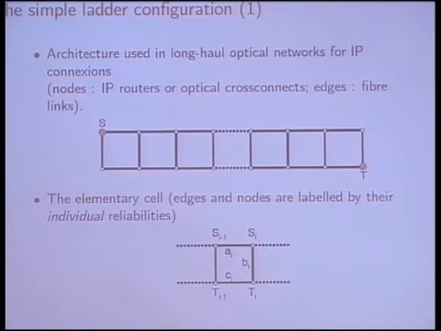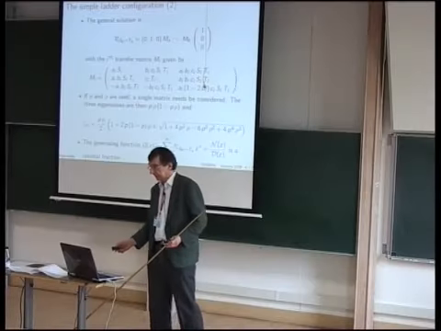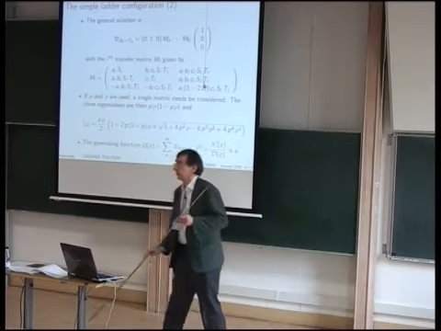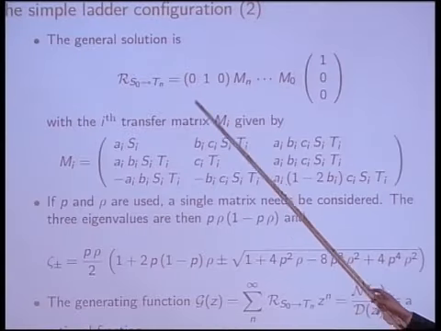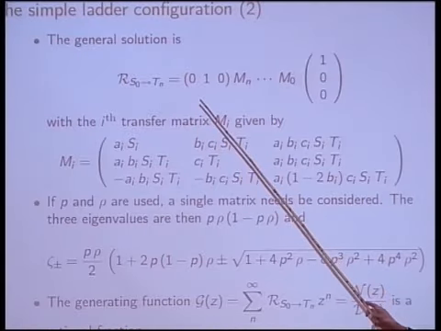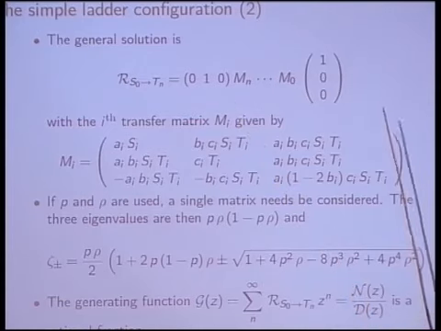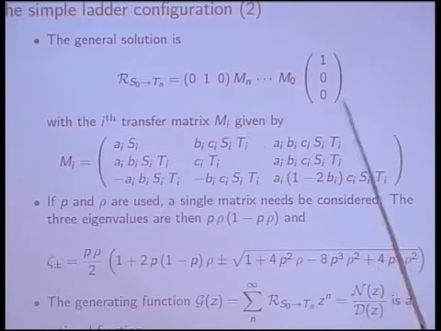And that's where we are going back to multivariate analysis, as was described by Professor Soka. The nice thing about this property is that the total reliability from the source to the destination can be put under the following form.